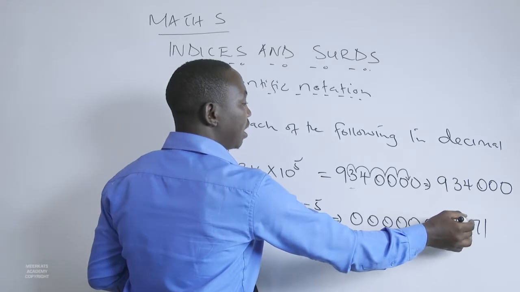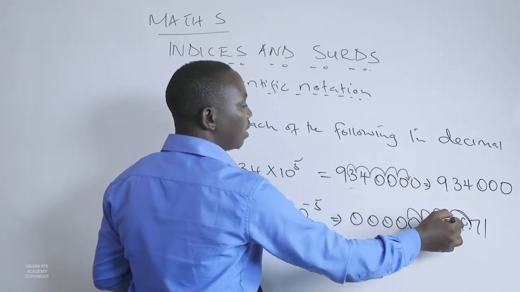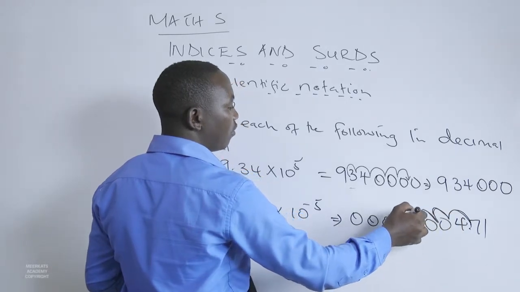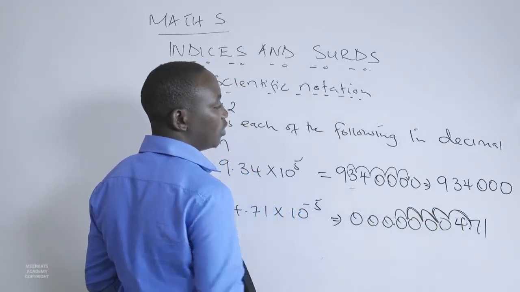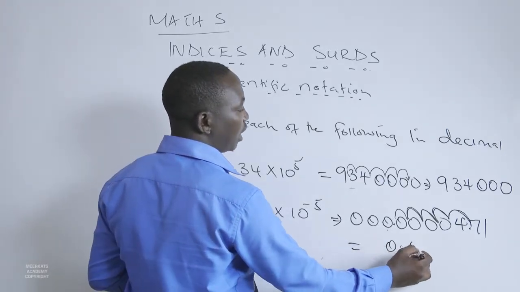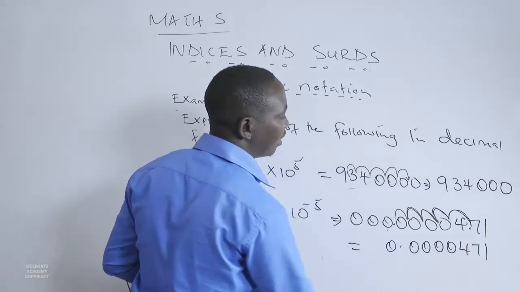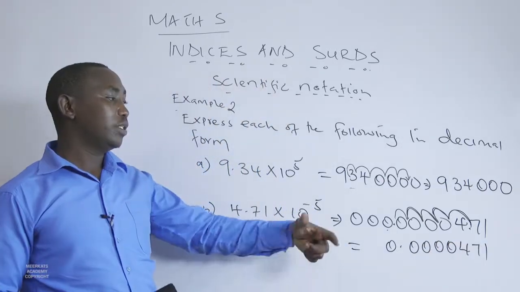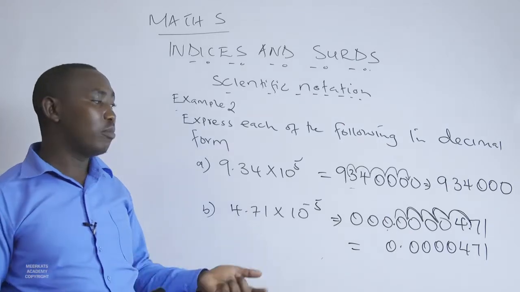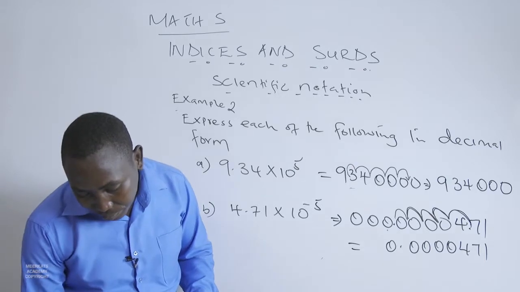So when you move 5 steps, it will give you the location of our new decimal point. So 1, 2, 3, 4, 5. That tells you that your new location should be there, and therefore this should be 0.0000471. So in those two cases, we have written those numbers in their normal form.